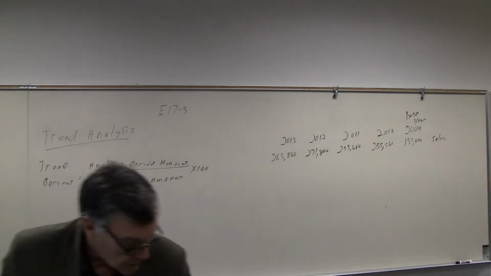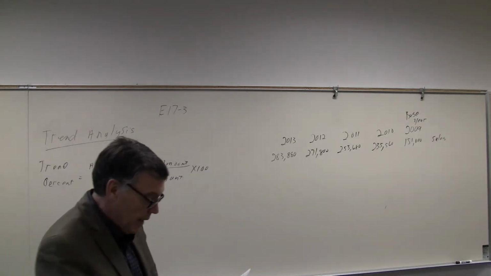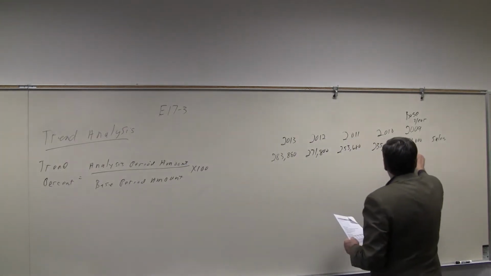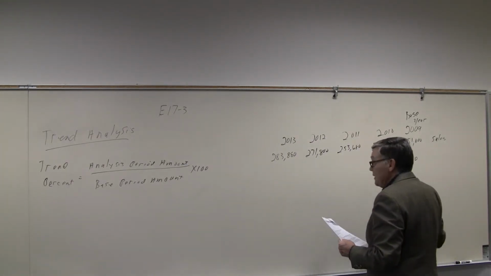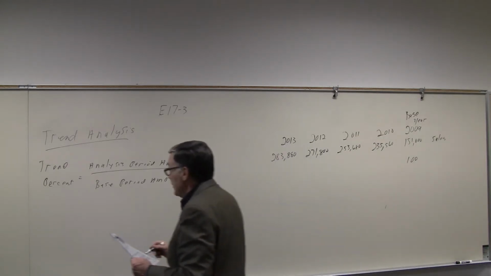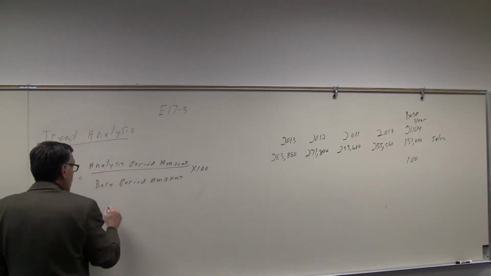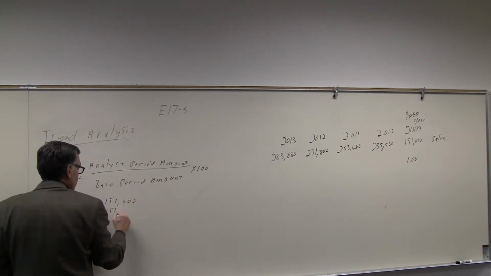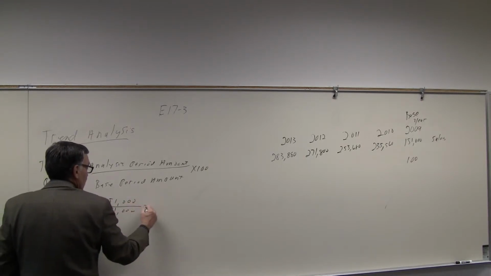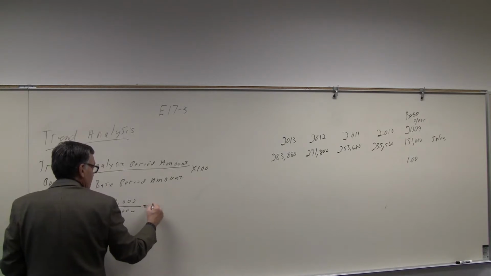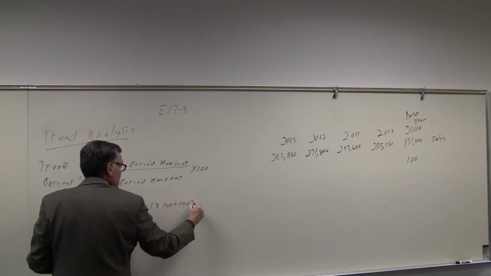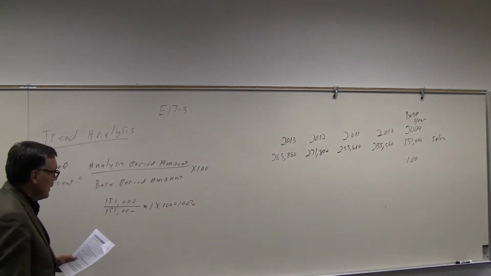The reason it'll be 100% is because it will be 151,000 over 151,000. That'll be 1 times 100 equals 100%.